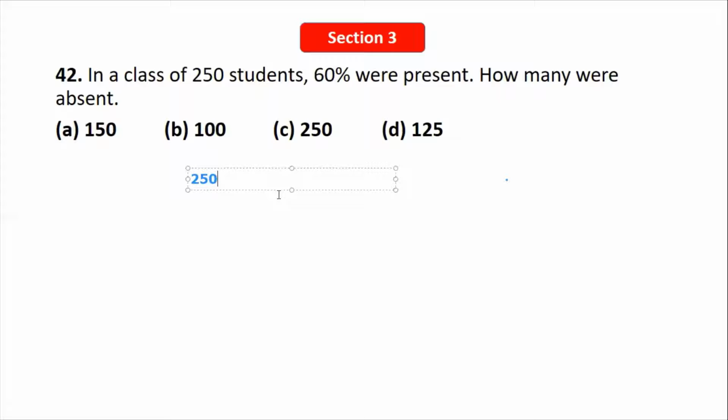We will multiply by 6/10. 6 divided by 10. Now I can do cross multiplication.